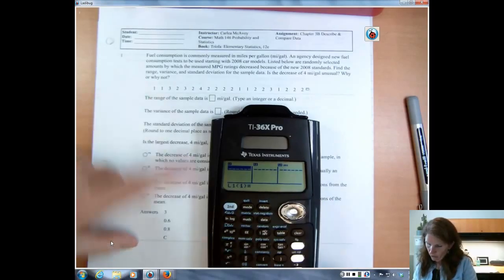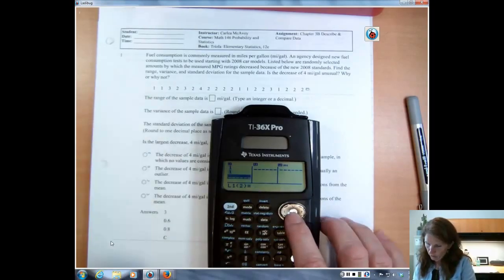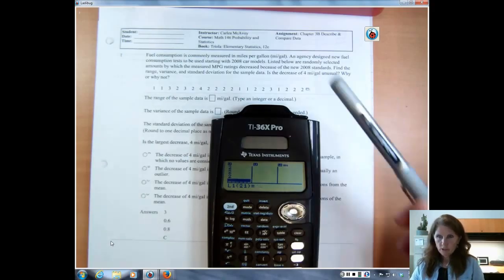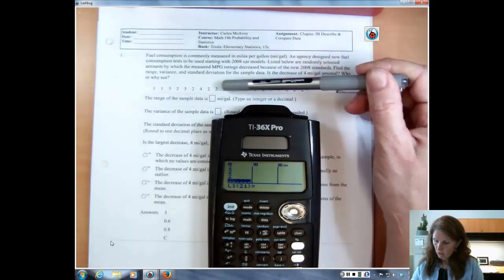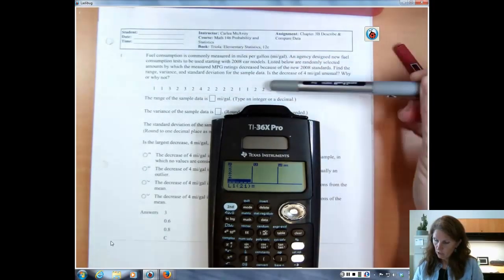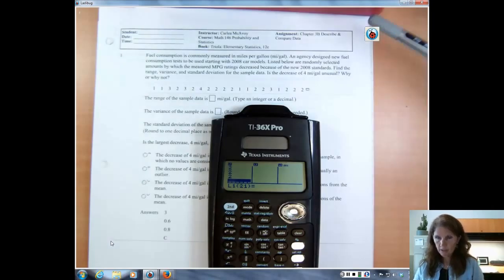And I have 1, 1, 3, 2, 3, 2, 4, 2, 2, 2, 2, 2, 2, 2, 2, 1, 1, 2, 2, 3, 1, 2, 2, 2. According to this, I should have entered 20 pieces of data. 2, 4, 6, 8, 10, 12, 14, 16, 18, 20. So I got them all entered.